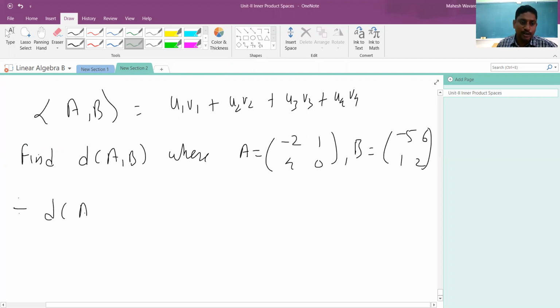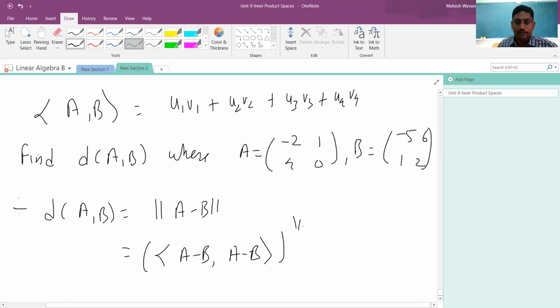What is the distance formula? Distance between A and B is just the norm of A minus B. How can one calculate the norm? It is the square root of the inner product of A minus B comma A minus B, and take a square root of it.